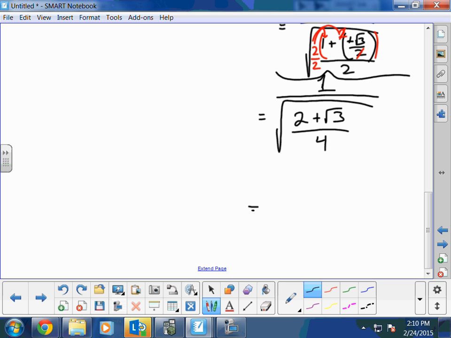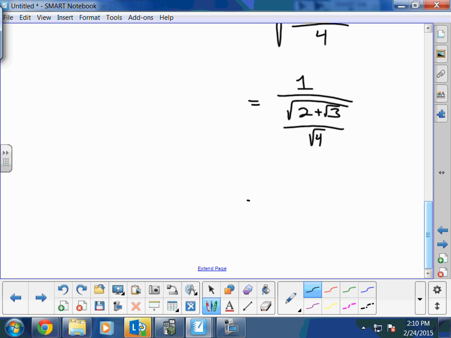Now I'm going to break up the square roots. So over 1, and I'm breaking up numerator and denominator. Square root of 4. This is going to make 1 over the square root of 2 plus square root of 3, divided by 2.